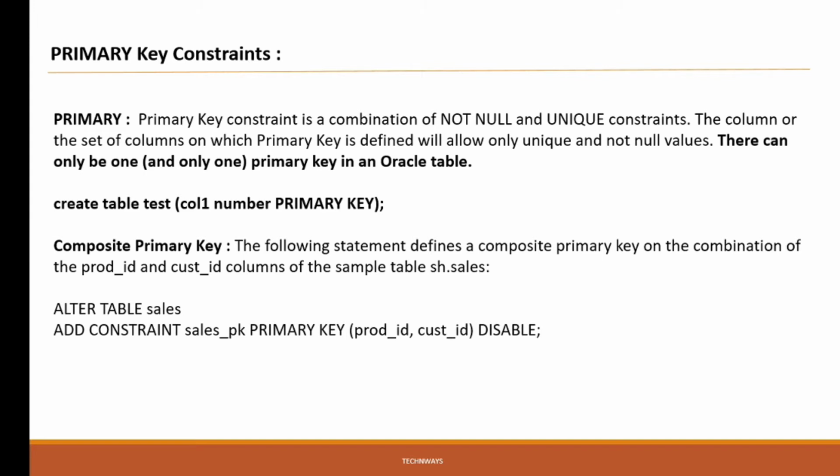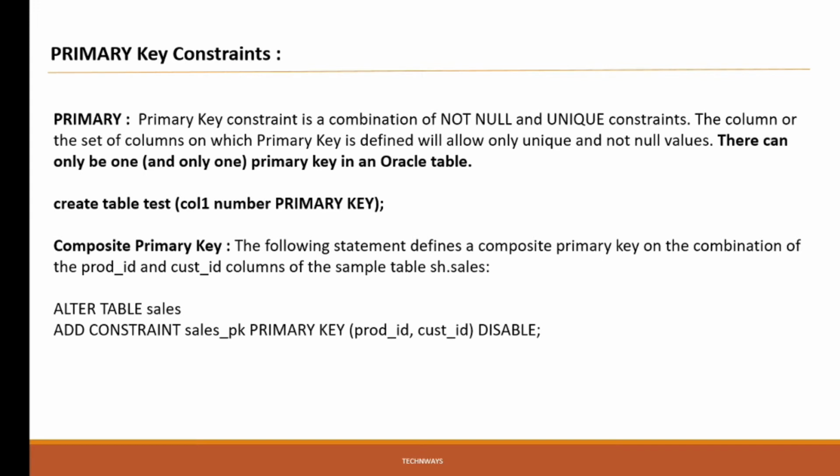Like if we have a customer table and we create customer ID as the primary key, then only customer ID is going to be the primary key. You cannot create customer number or customer sequence or some other column as a second primary key. There is only one primary key in a single table, and this is different from a unique key.